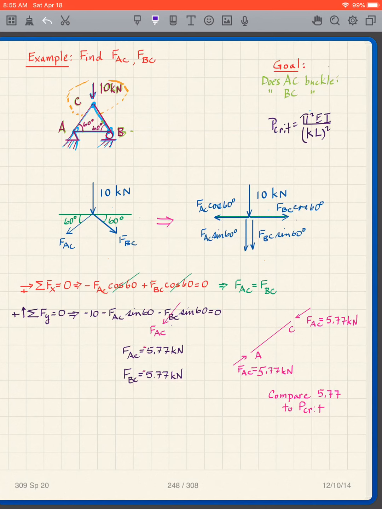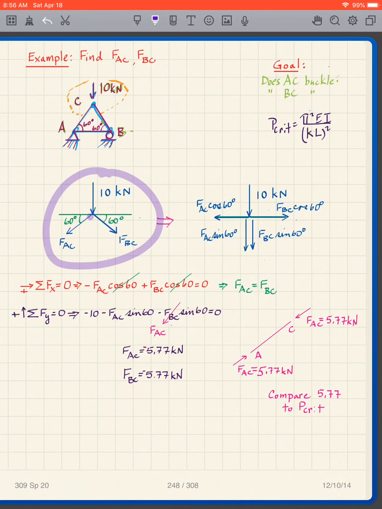So how do we do this? The first thing we're going to do is create a free body diagram. We're going to look at that particular joint right there, joint C, and there's our free body diagram. The typical way we do it, we have our point, and we draw the unknown forces away from the point, which means we're showing tension. It's a traditional way to do this.